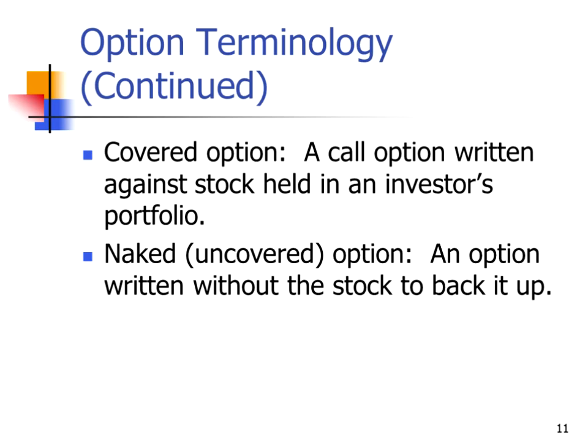Okay, moving further, let's look at different types of options. The covered option is a call option written against stock held in the investor's portfolio. Now, this is done more for a hedging situation. For example, if you're worried about the price of the stocks that you're currently holding falling in future, you could write a put option, which is the right to sell.